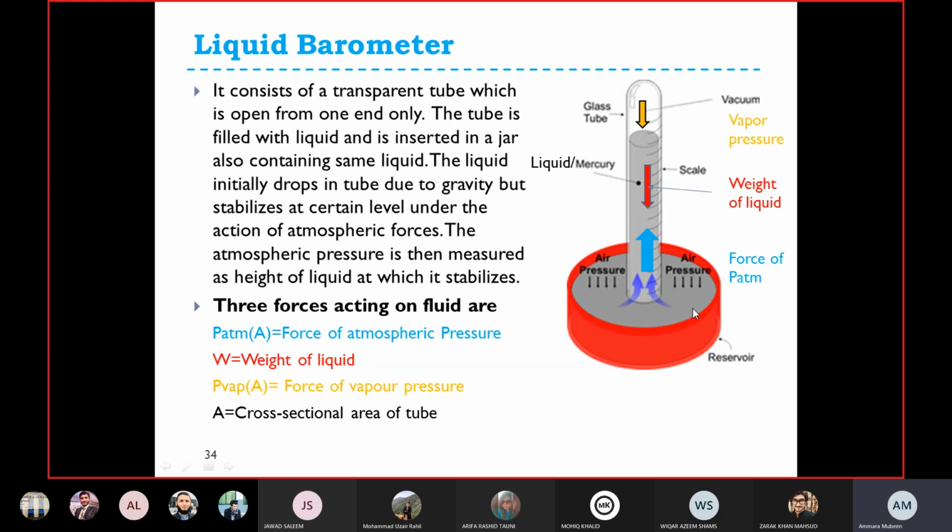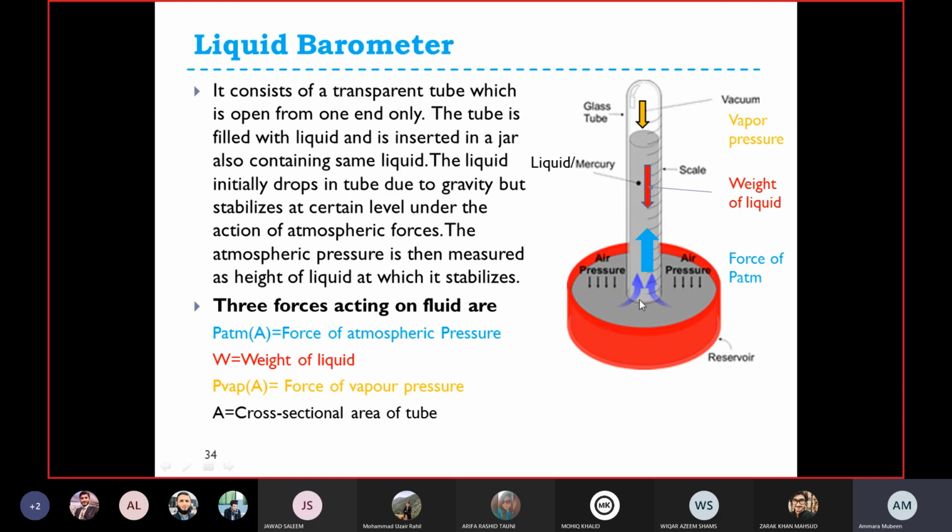If the surface of the liquid is exposed to atmosphere, so it is subjected to atmospheric pressure, then at the same level, this atmospheric pressure would be in the opposite direction in this tube.